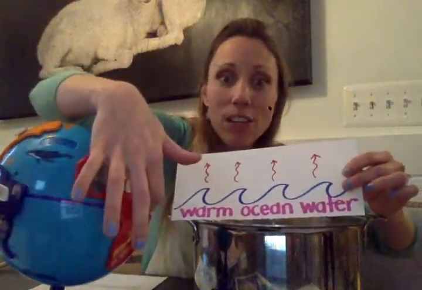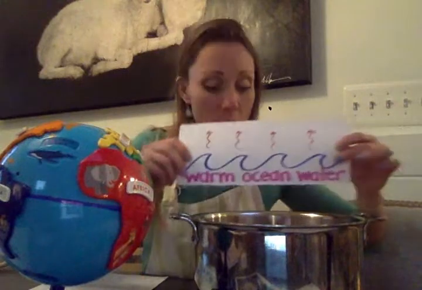Did you know they actually never do form right on or right by the equator, though? Do you know why? There's no Coriolis at the equator because that's the middle of the winds that are spinning this way and the winds that are spinning the other way. Pretty cool, huh? So we've got our Coriolis in the pot already. Now we're going to put in warm ocean water.